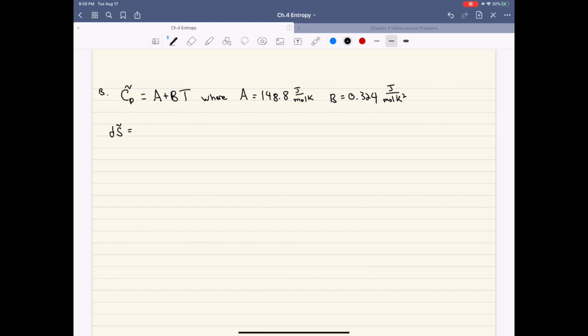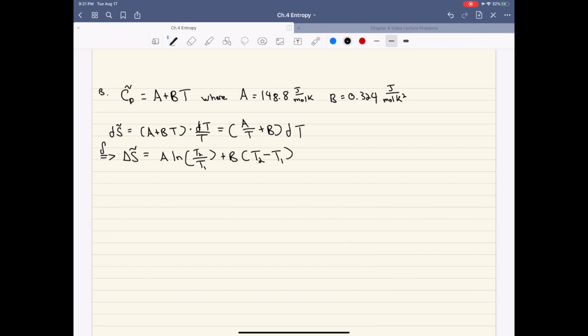So we have A plus BT times 1 over T dT. And we could factor across the 1 over temperature. And so what we'll get is A over T plus B dT. Now, this is still a separable equation, so we can integrate. We get delta S is equal to A natural log of T2 over T1 plus B times T2 minus T1.